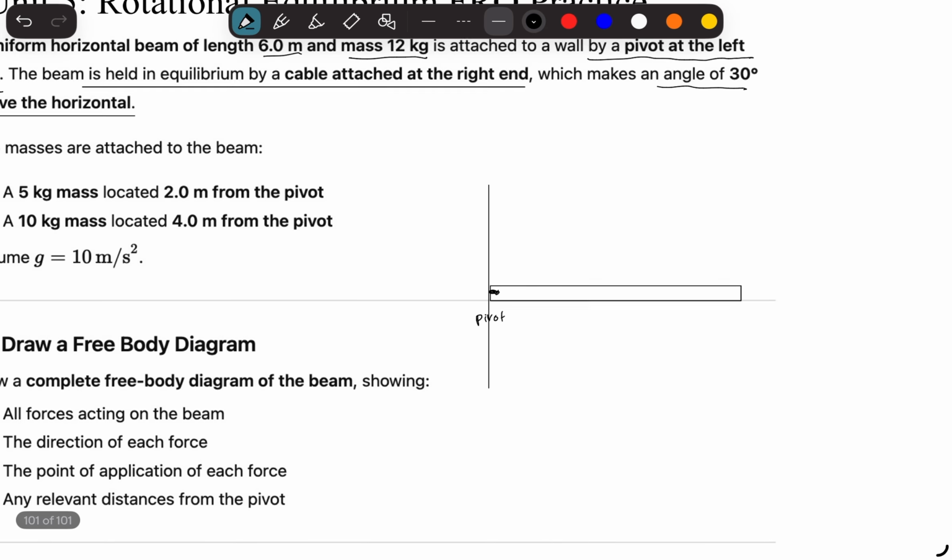And our tension is this, and it's going to be going through here, so it's going to make it go counterclockwise. So you start off with your rotational equilibrium.